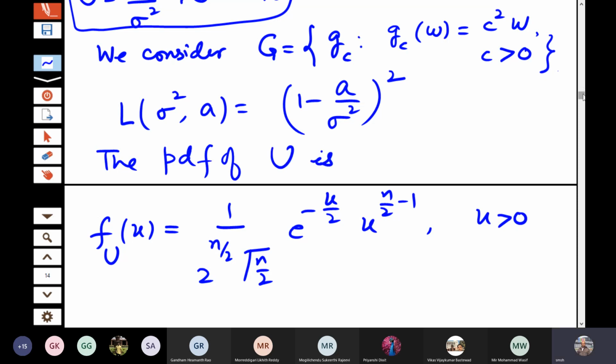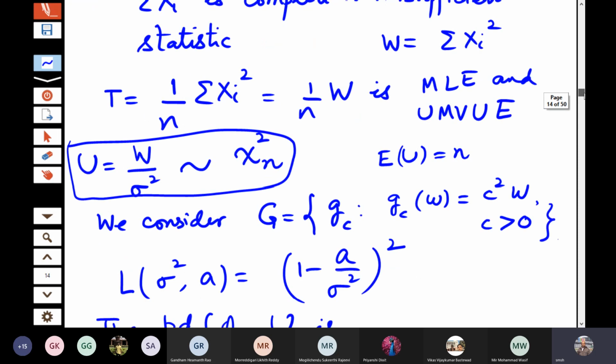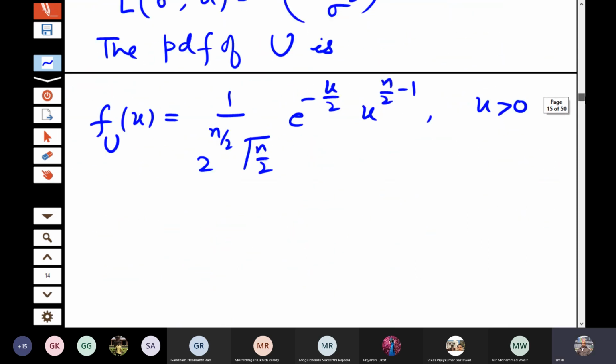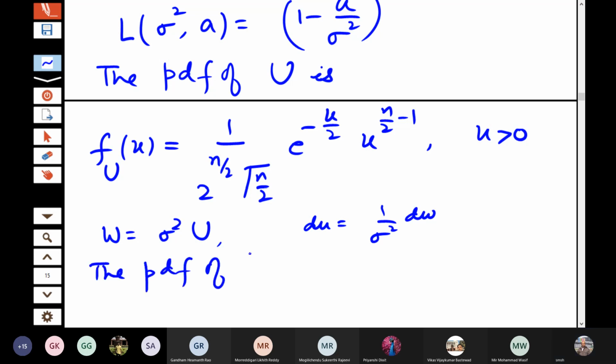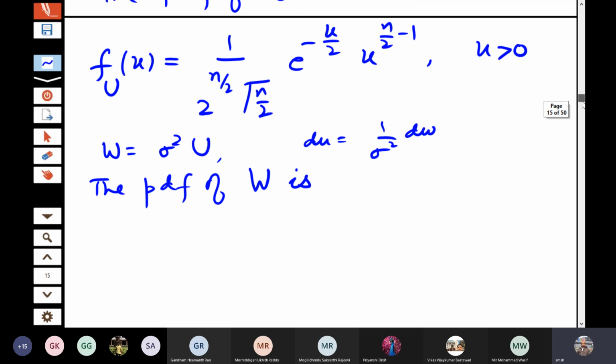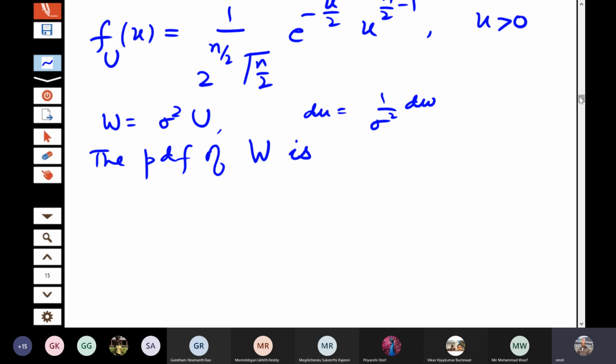Now W is sigma square U, so we can write the density of W. If I consider the transformation here, dU is 1 by sigma square dW. So the PDF of W, we have to write for W because we are considering the scale invariance; on W we have to consider, otherwise you cannot understand the full property.